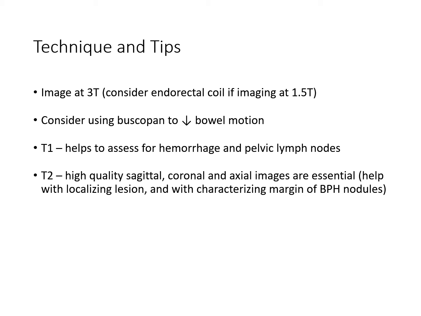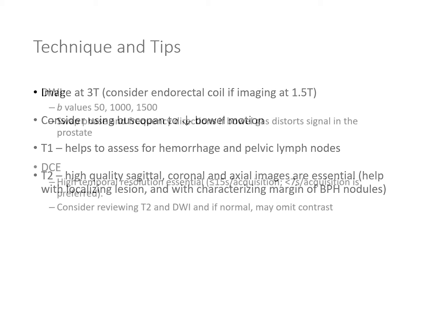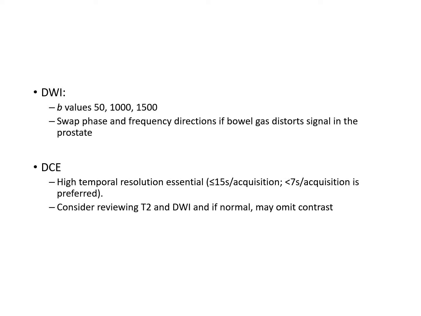And then you go to the high quality T2 images in multiplanar. It's important that you get all the different planes on that. Then for the diffusion weighted imaging, you use a number of b-values, but you do need the high b-value images to get good quality images.